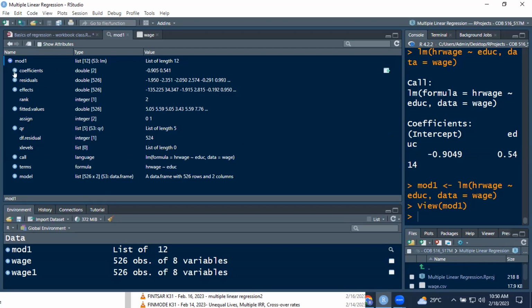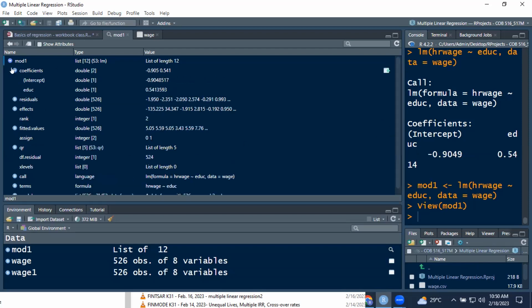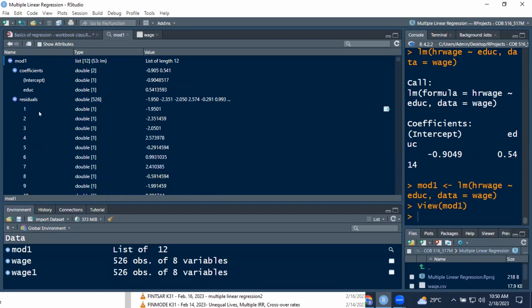So yung coefficients, if you take a look at this, yan. Intercept, ang type niya double, education double, yung intercept negative 0.9, yung education 0.54. And then here we have residuals. 526 lahat ng residuals. If I click this, ilalabas niya lahat ng mga values ng residuals.